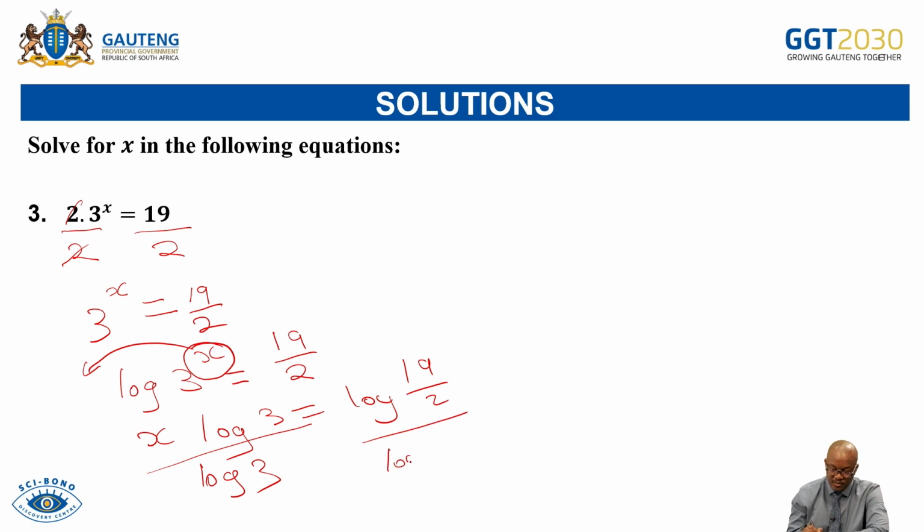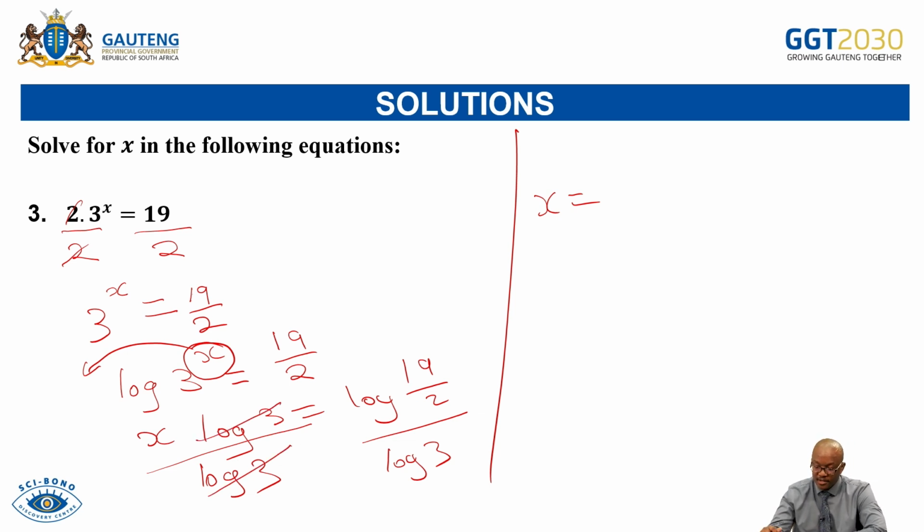Then x will be the log of 19 divided by 2, all over the log of 3. Then x is 2,05 when you round it to 2 decimal places. That's how you are going to solve that.